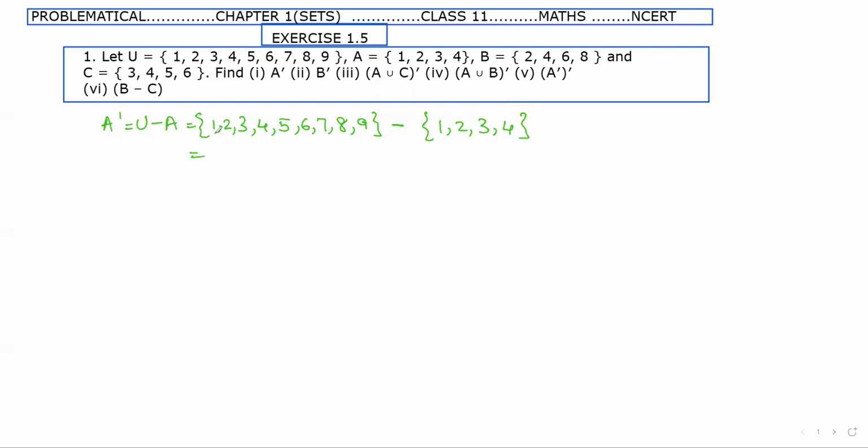So removing these elements from U, you're left with 5, 6, 7, 8, and 9, which is your A dash.